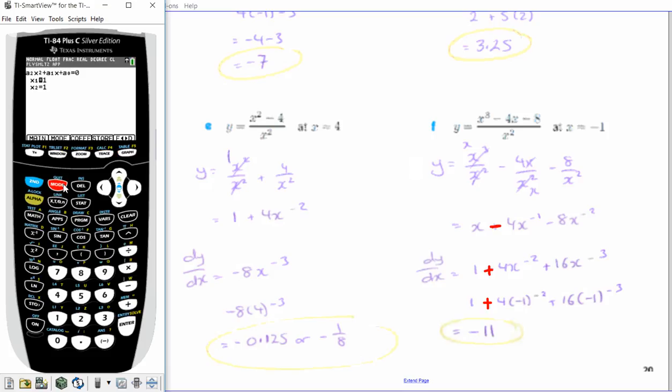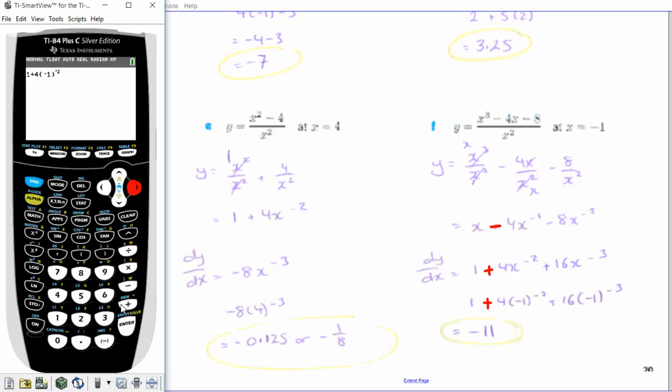Good thing to practice putting it in calculator. Second quit. Okay, so it's going to be 1. We're substituting in negative 1. So 1 plus is what I've got now. 4 brackets negative 1 all to the power of negative 2. Then you might need to arrow out of that.